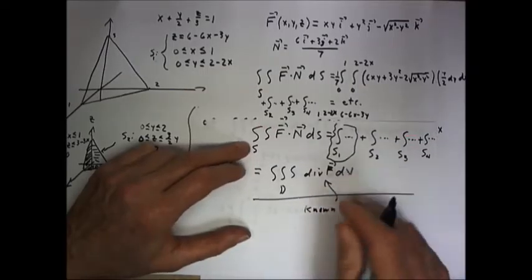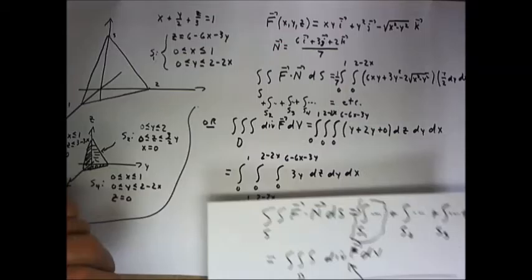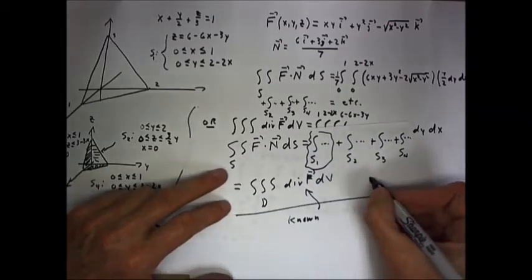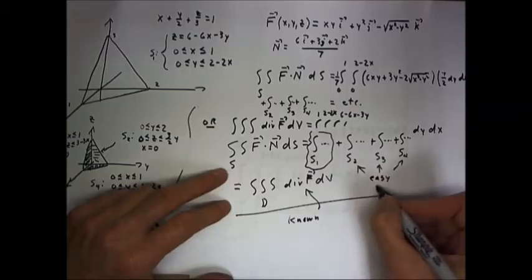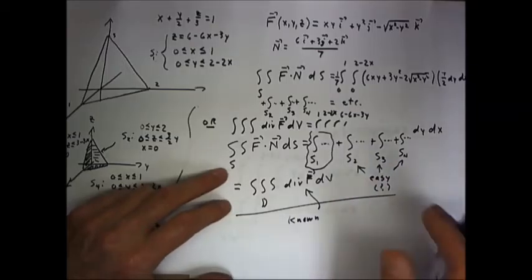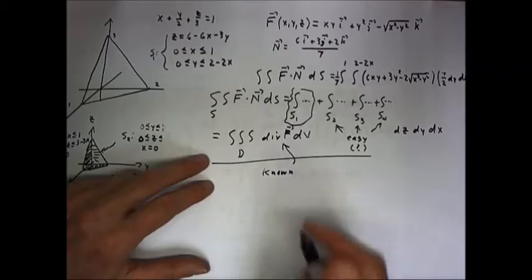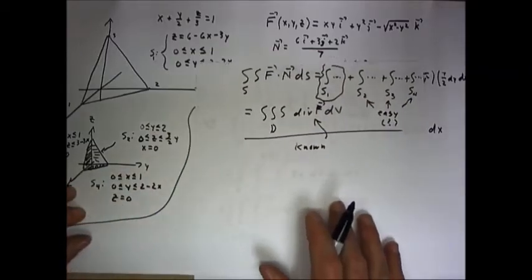If this is known, and it's known once we complete this simple integral, and if these are easy, which they might or might not be, then we can evaluate this one.